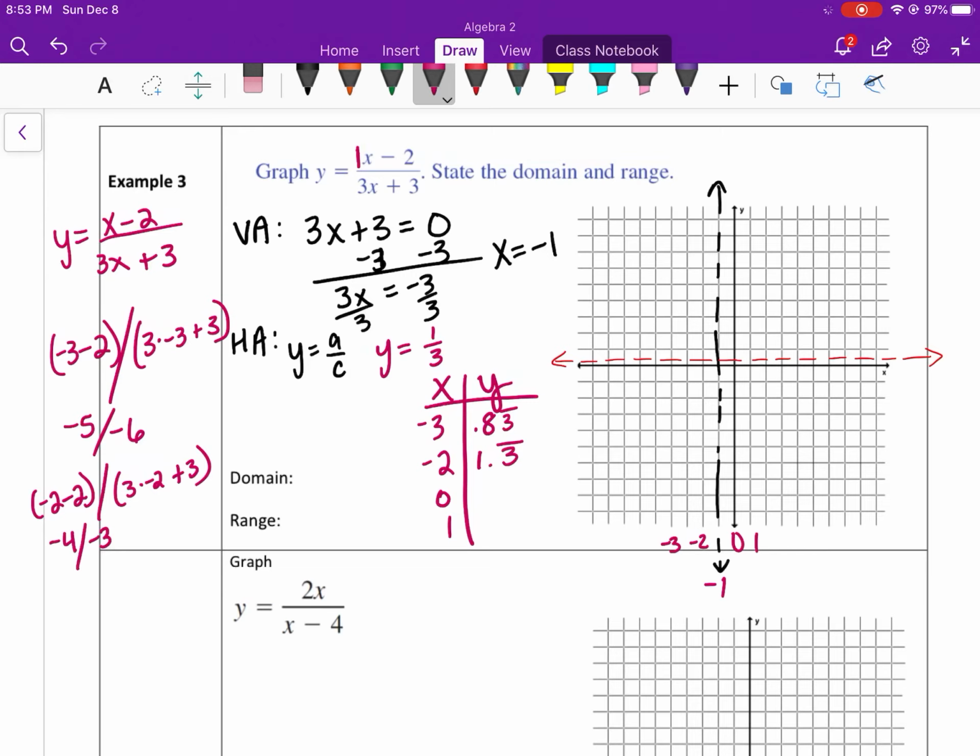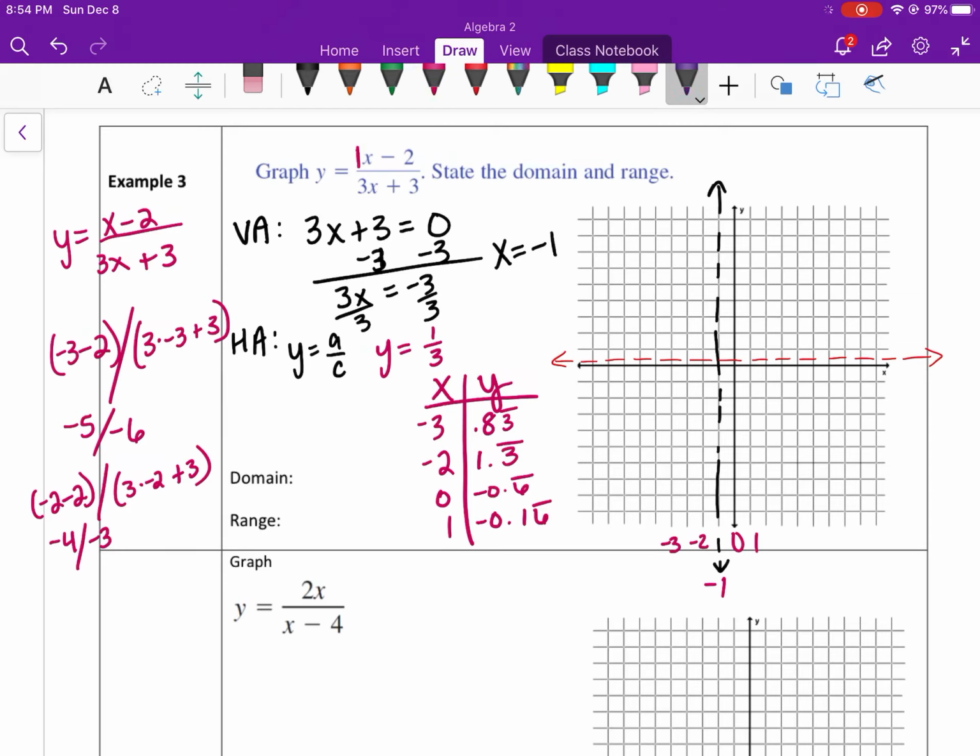Continuing that, plugging in 0, I got negative 2/3, so negative 0.6 repeating. I was looking at the wrong one. And plugging in 1, I got negative 0.16 repeating. So I got all decimals on that one.